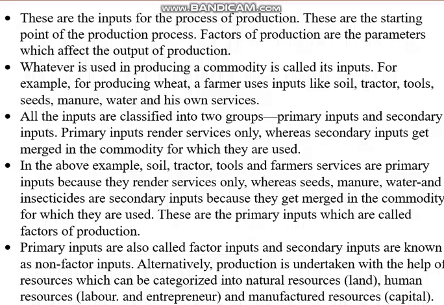Seeds are required, and manure is required so that the plants can grow strong. Then water is needed, and his own services are required. These are all inputs for producing wheat. From the wheat, you grind atta and make roti. Is it not?